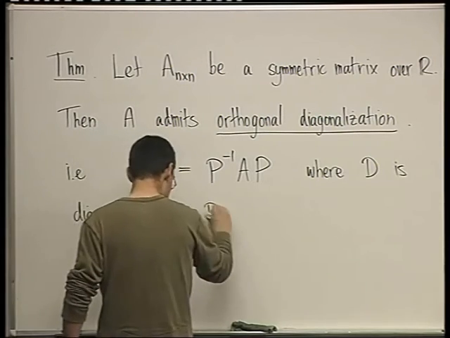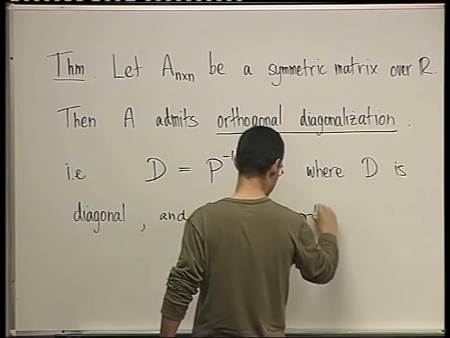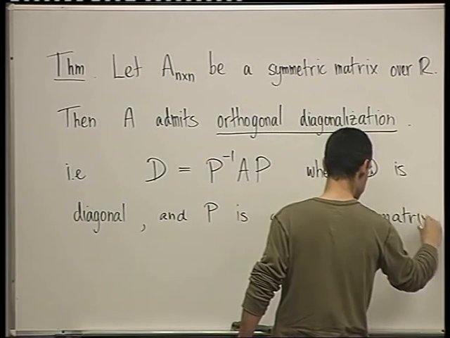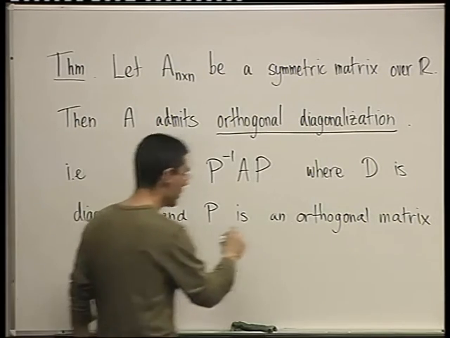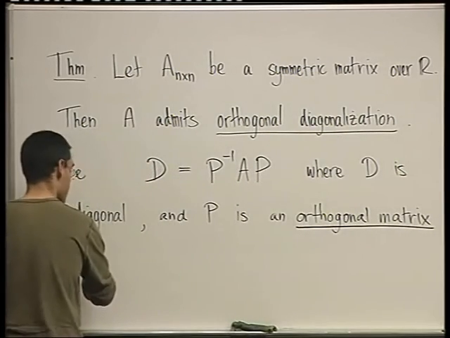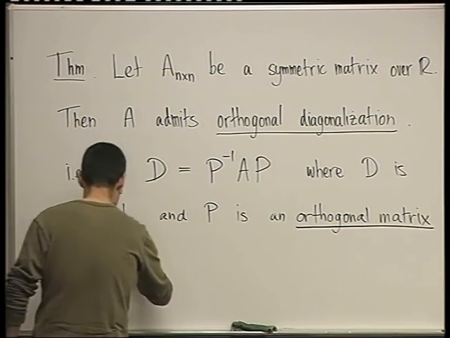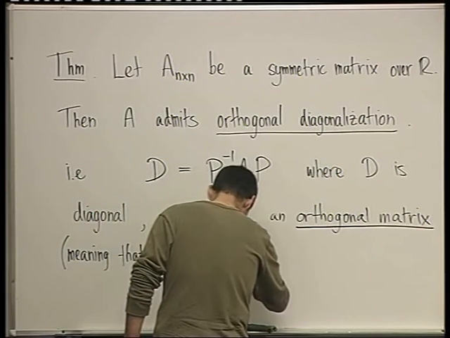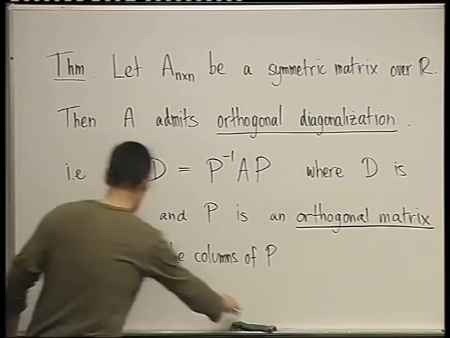And P is what's called an orthogonal matrix. Bless you. And an orthogonal matrix is a matrix meaning that the columns of P, which are what? What are the columns of P? Right, the eigenvectors.